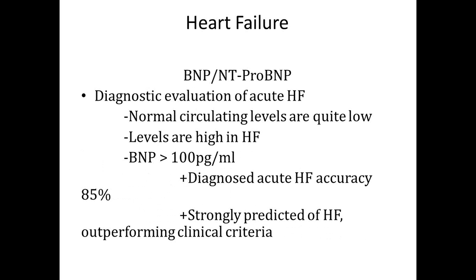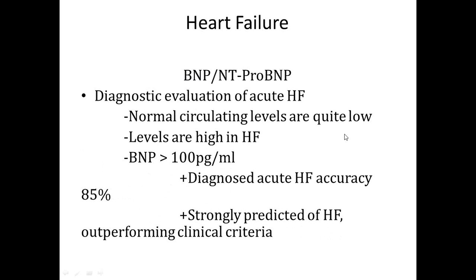For the diagnostic evaluation of acute heart failure, we use the BNP and NT-proBNP because, remember, it is relatively sensitive. Once you have increased stretch in the LV, increased pressure in the LV, the proBNP is going to be cleaved to your BNP and NT-proBNP.